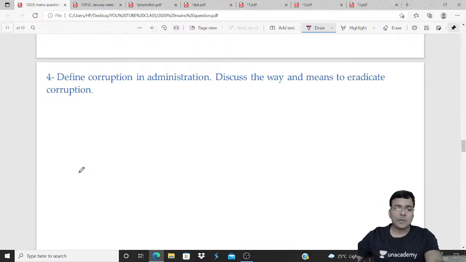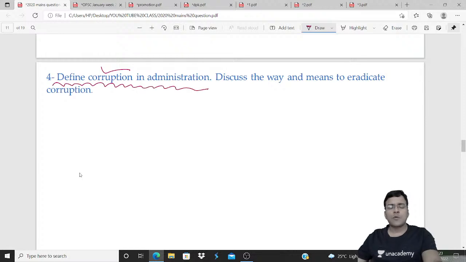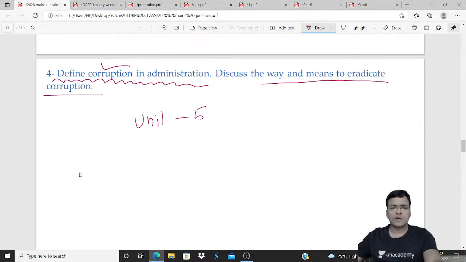Yes, and believe me, I have repeatedly told that corruption question will come. So in special class, in plus class, in elaborate, we have discussed corruption, from Kautilya's idea, Rajiv Gandhi, modern day corruption, and ways and means to eradicate corruption. So in detail, we have discussed this. This is from Unit 5, and I am confident that everyone has written this question.